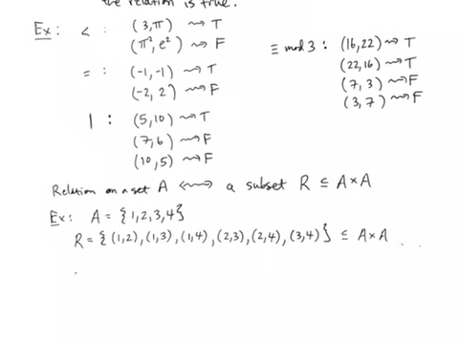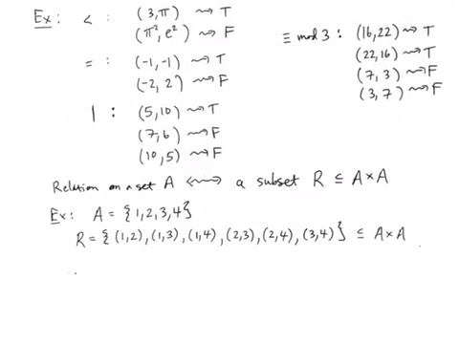So what this subset is expressing is the idea of an element of A being less than another element of A. Right? So we can take our R here and we can reconstruct the meaning of the relation.